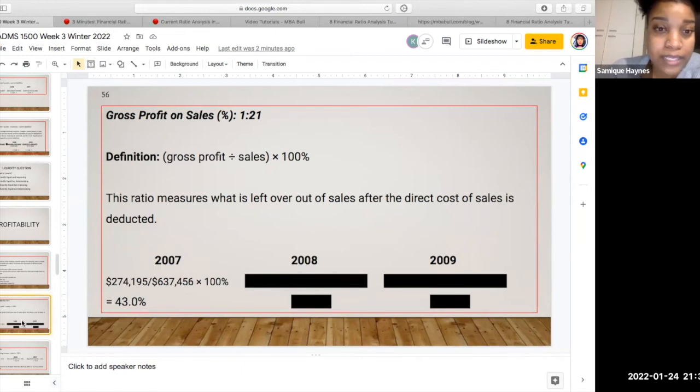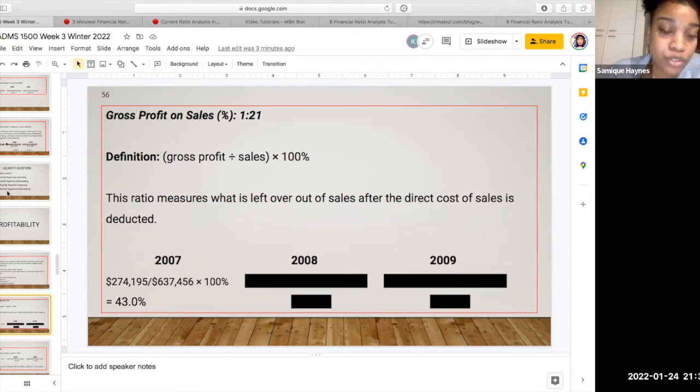So the first one is gross profit on sales, right? The formula is gross profit divided by sales times 100%. This ratio measures what is left over out of sales after we deduct the direct cost of sales. So for gross profit, which statement are we going to go to? Remember, which statement deals with profit?